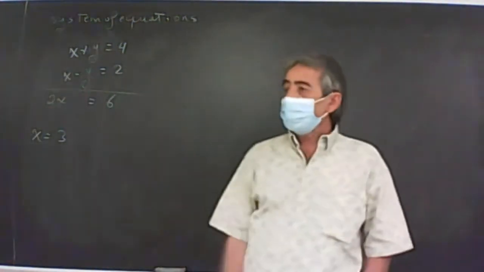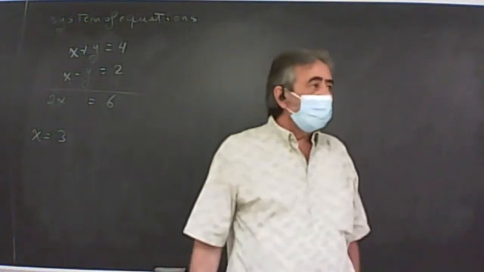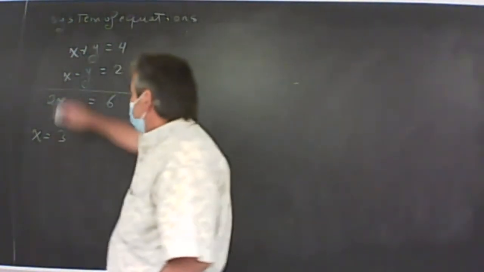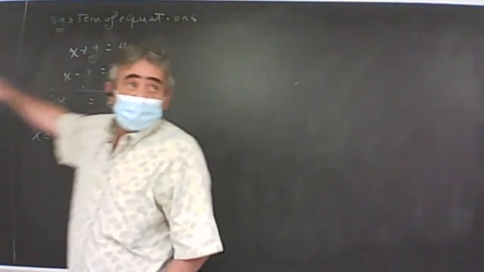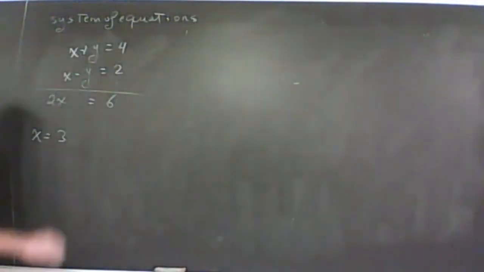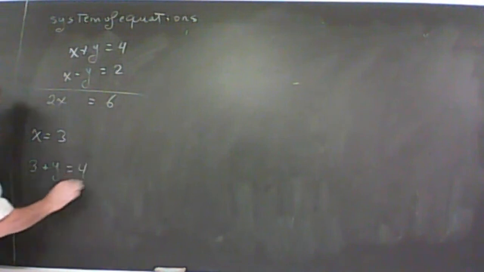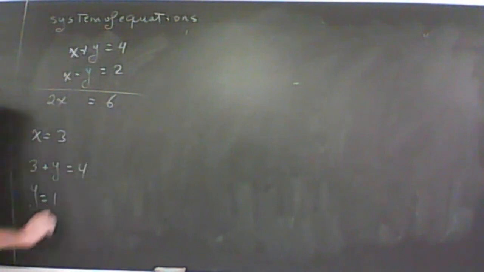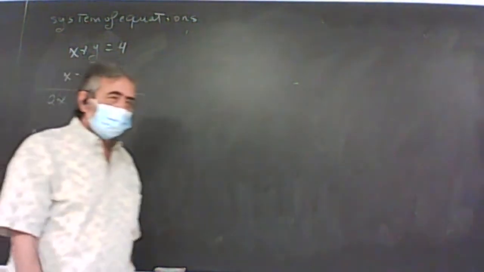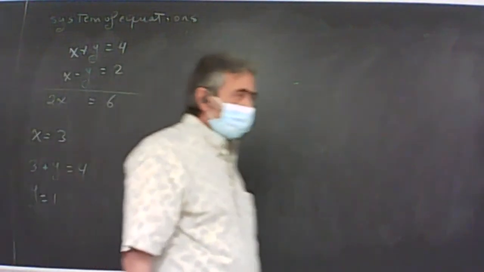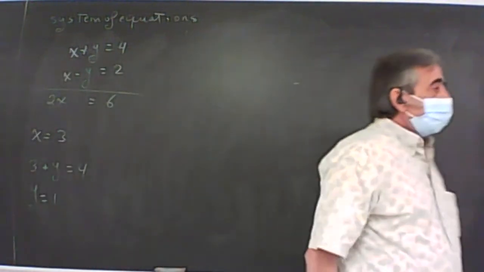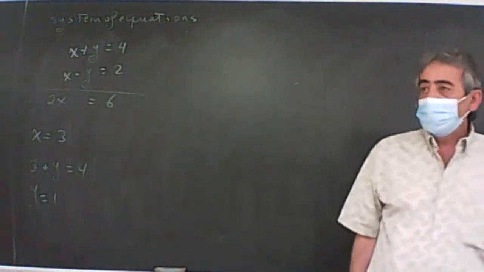So we figured out what x is right away. Now we can go back and substitute to figure out what y is. So we back substitute: 3 plus y equals 4, y equals 1. Okay? So that is the elimination method.